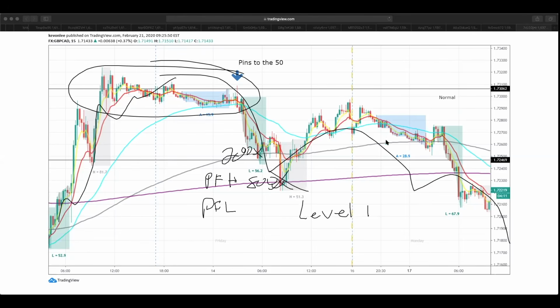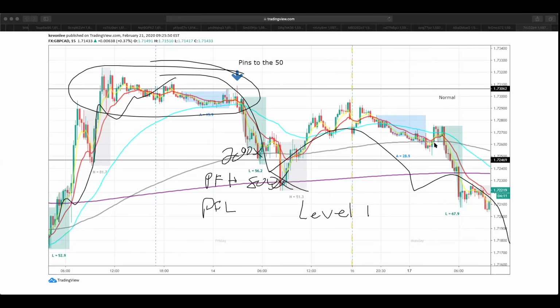Friday, GBPUSD was a good example. You had peak formation low on Thursday on a 15-minute chart, and then the Asian range for the next day was basically level 1.